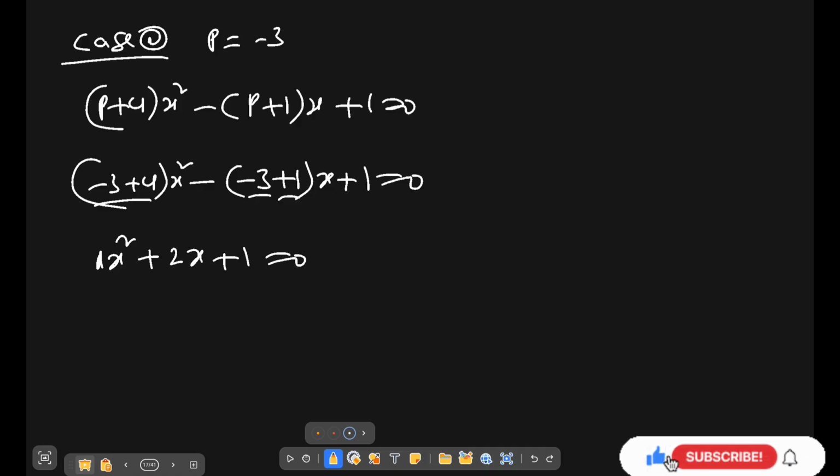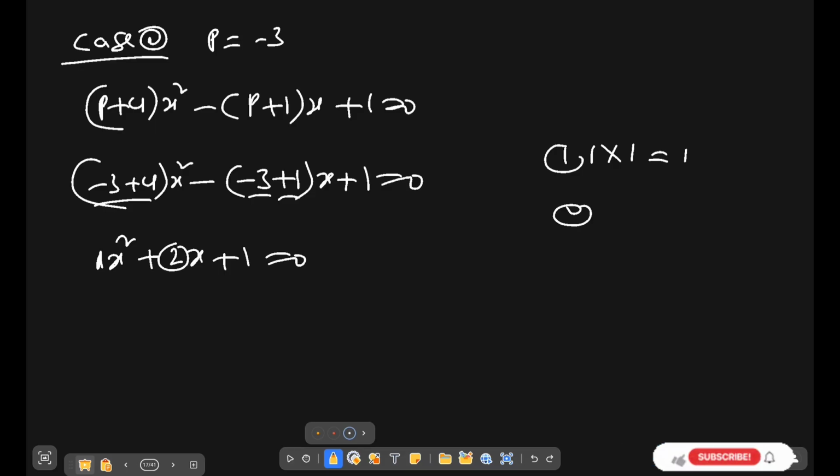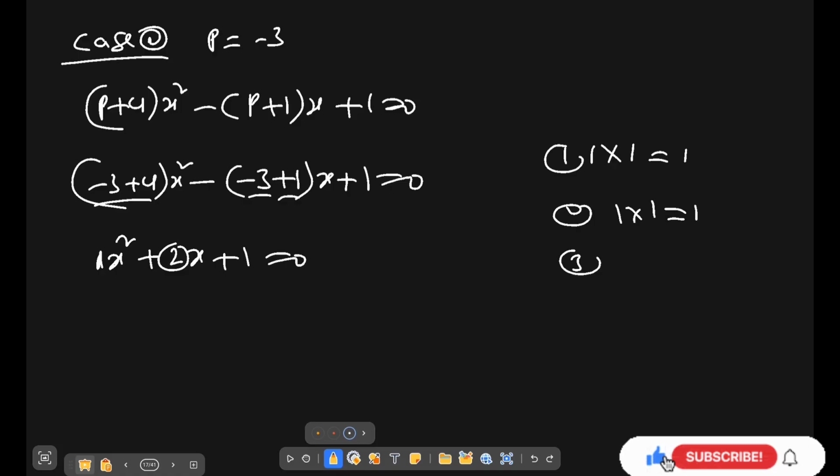Now let us factorize it. Coefficient of x square is 1 and constant term is also 1. So the factors of 1 must be such that if we multiply we should get 1, if we add we should get middle term 2. So very simple. 1 into 1 is 1, 1 plus 1 is equals to 2.